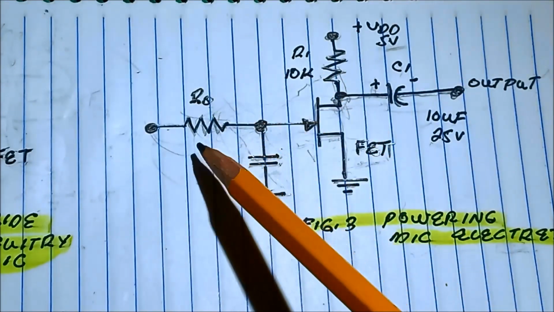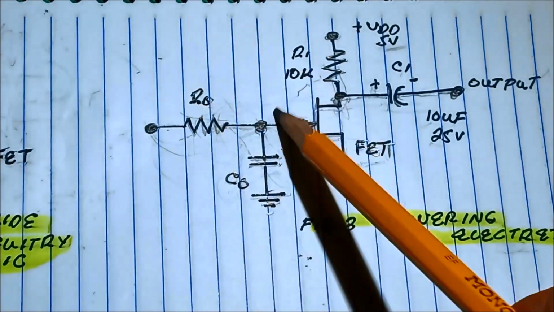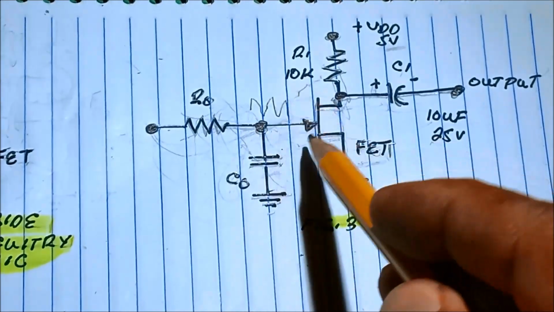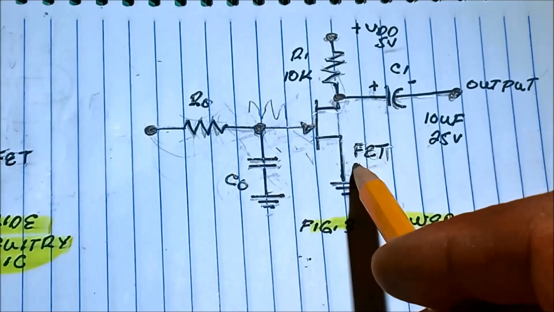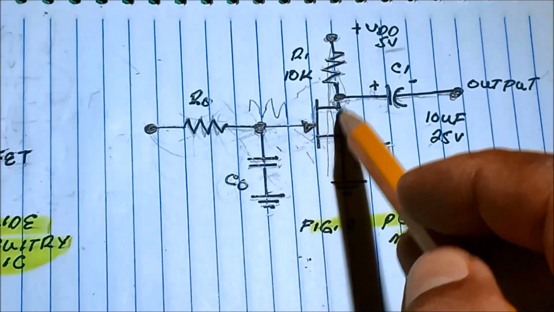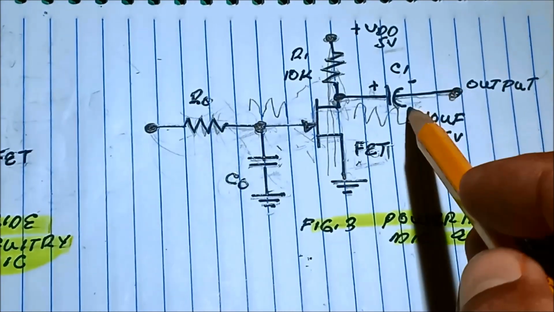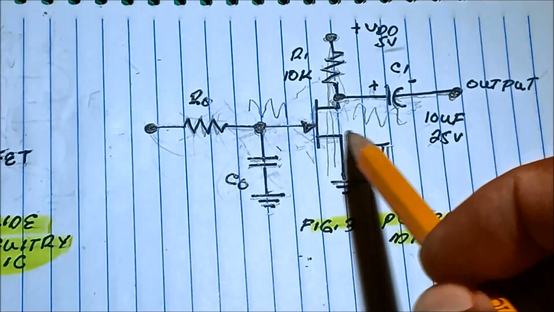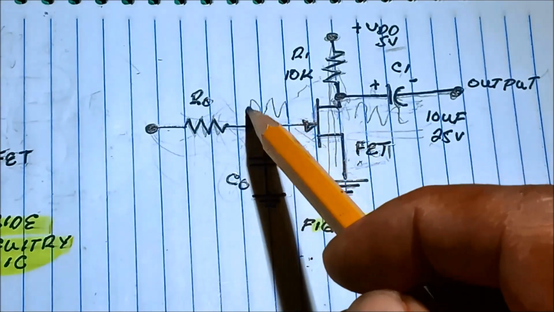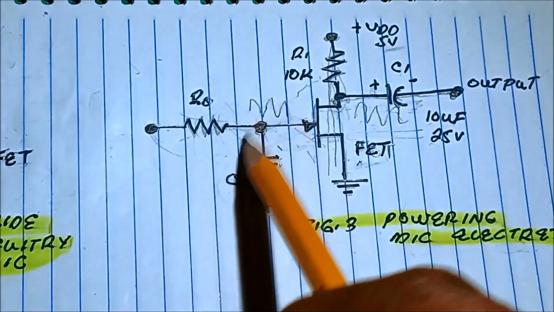When we receive music from the input to the gate, that analog signal will drive the gate of the field effect transistor, which will amplify the signal, and it will pass through the capacitor, since the capacitor is capable of passing an AC or alternating signal, the analog signal created by the microphone.